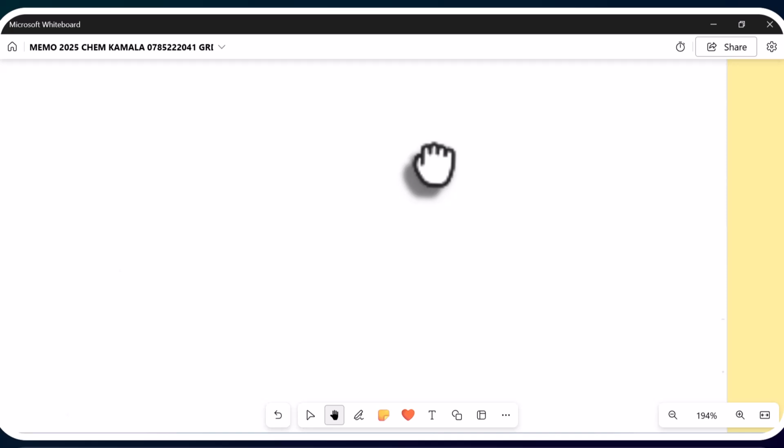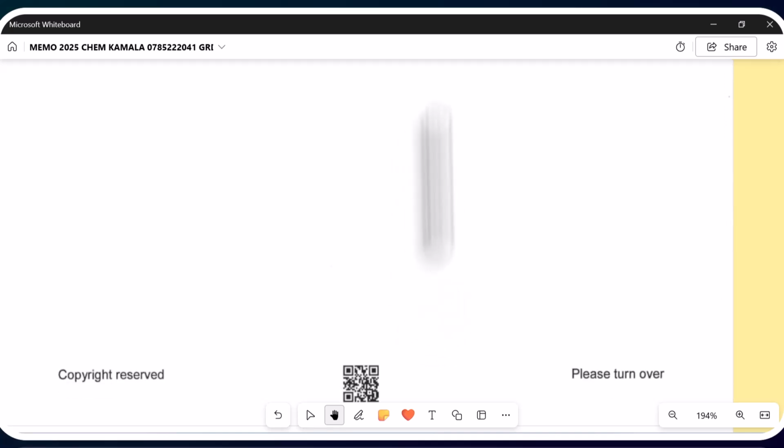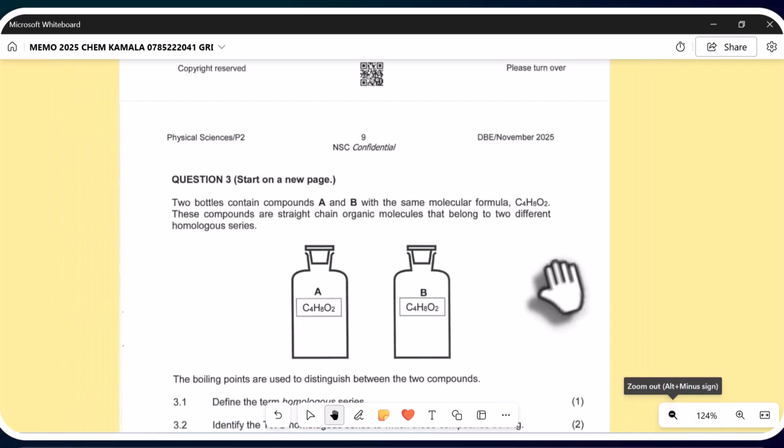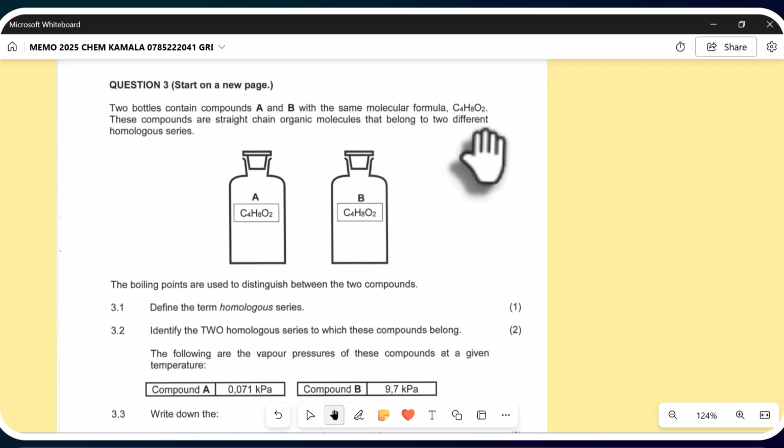We say it is a series of organic compounds which can be described by the same general formula, whereby each member differs from the other by the CH2 group. Okay, let us proceed. Identify the two homologous series these compounds belong to.